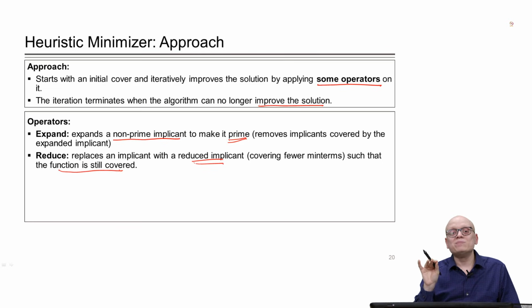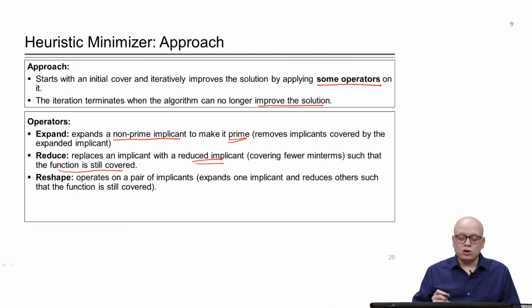It only reduces from vertices which are already covered by some other implicant also. We carry out the reduce operation so that in successive operations a better solution can be achieved.